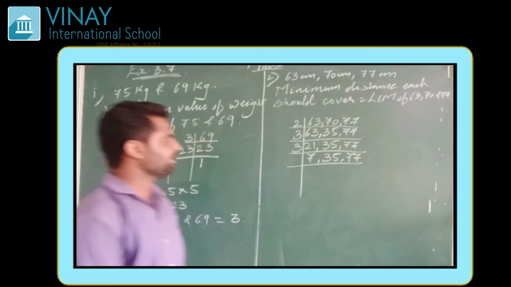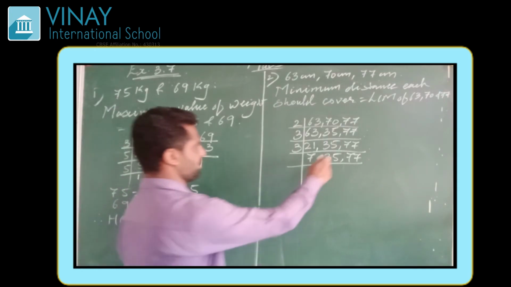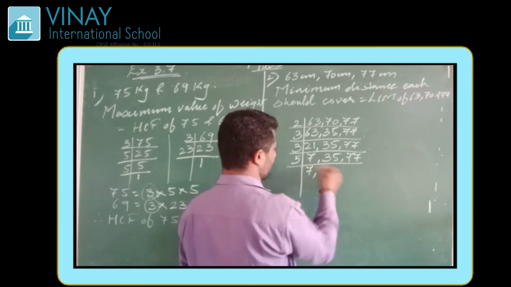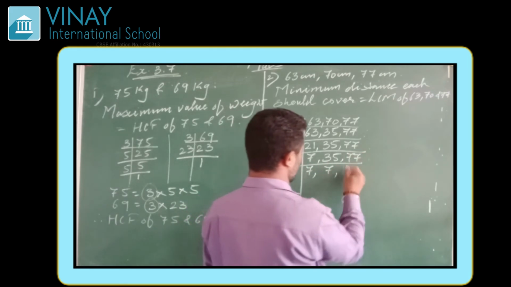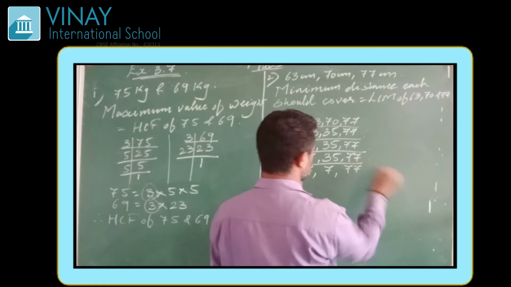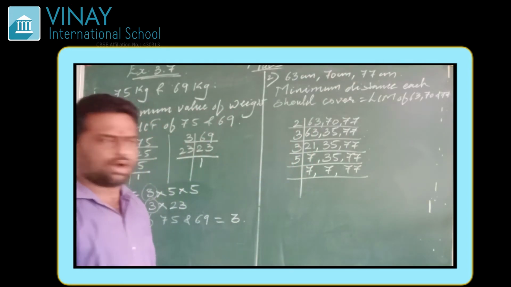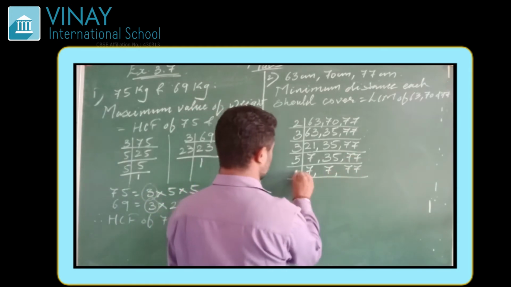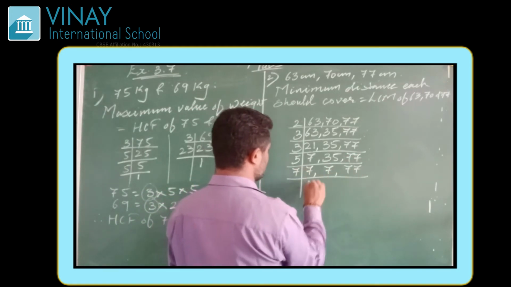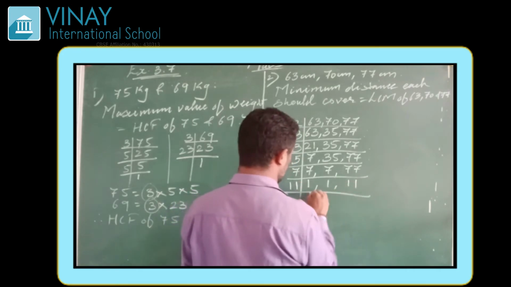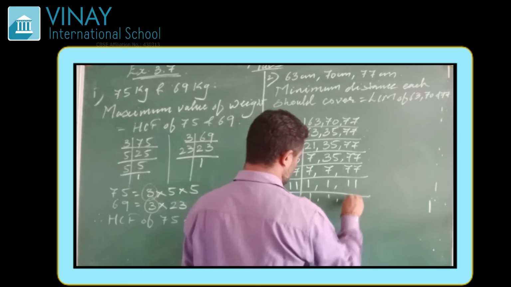Now no number is divisible by 3. 35 is divisible by 5, so it will be 7. 7 will come as it is, 7, and 77 as it is. Now again no number is divisible by 5, so it will be 7, 11, and 7 7s are 1, 11 is 11, and then 1, 1 and 1.